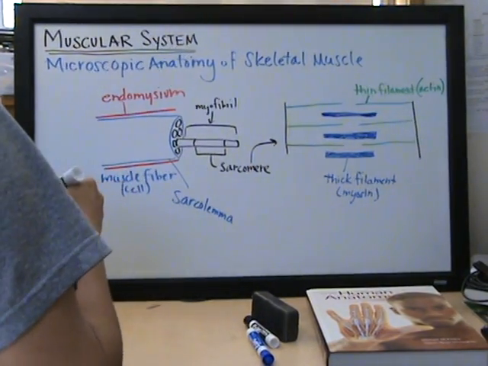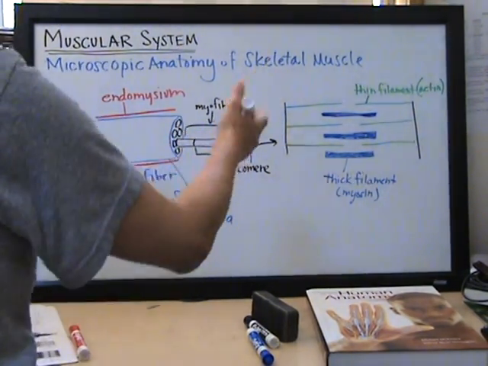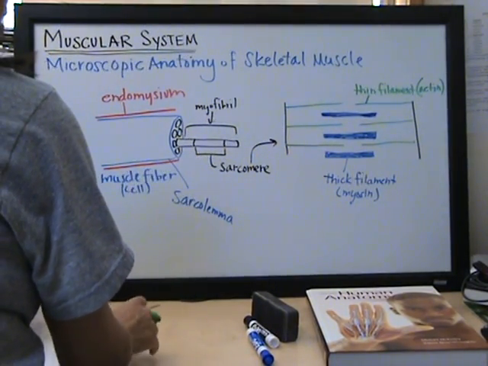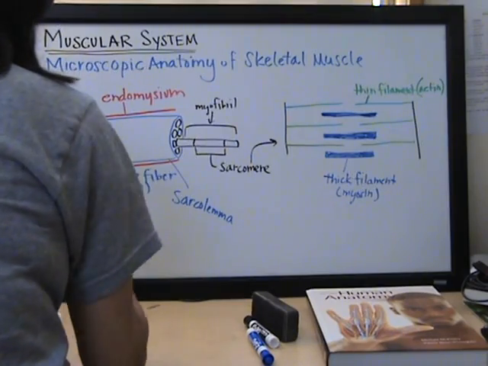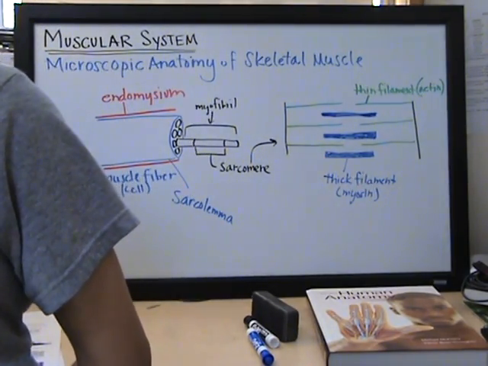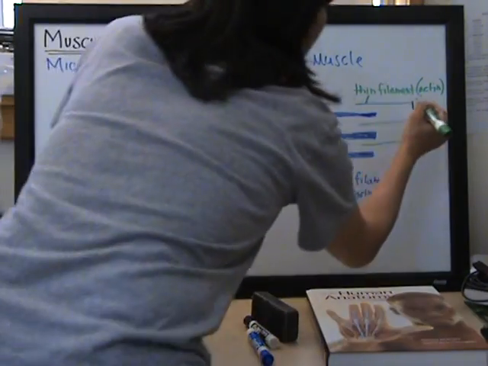But it's got some other proteins that make up the thin filament. There is a structure called tropomyosin and troponin. So I'm going to put that here.